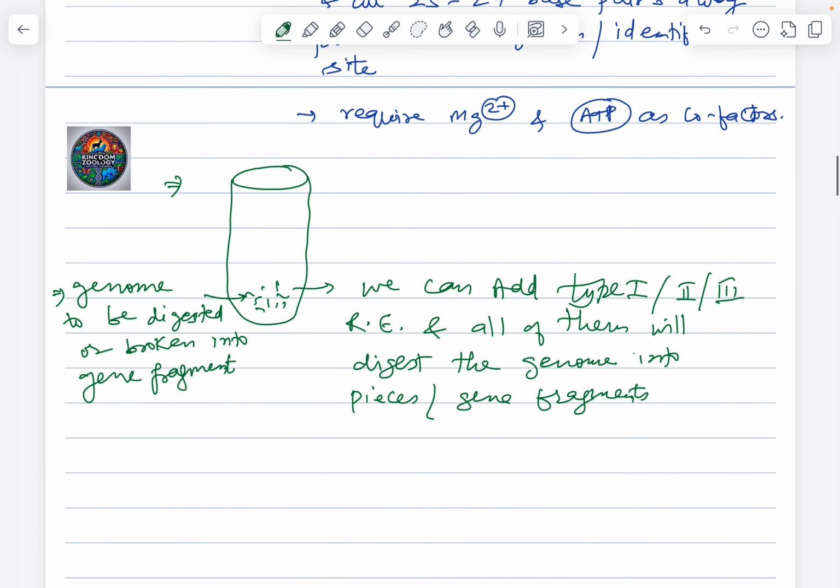So it doesn't matter. You can add any enzyme and they will basically produce fragments.